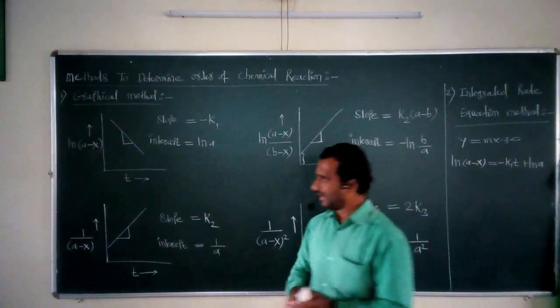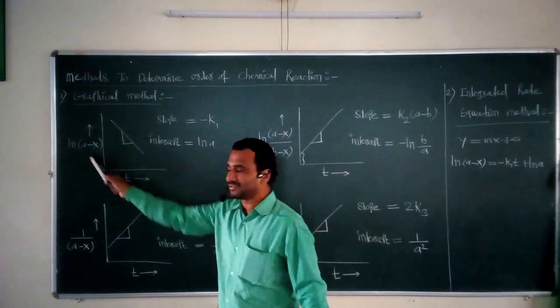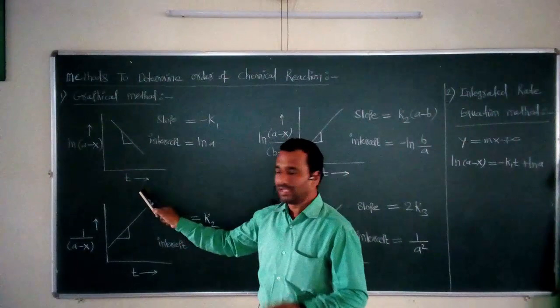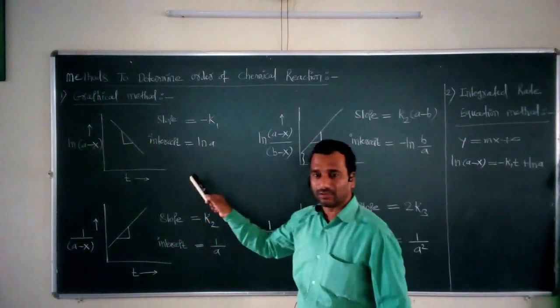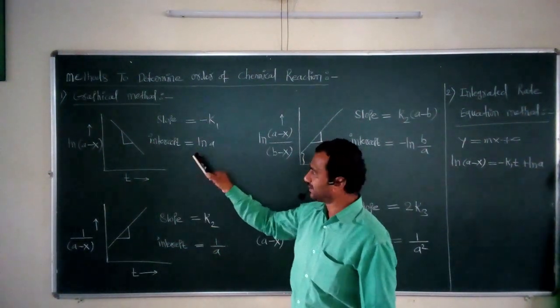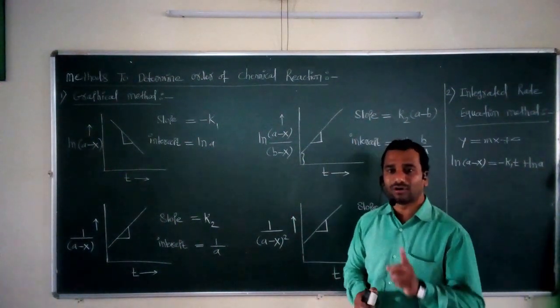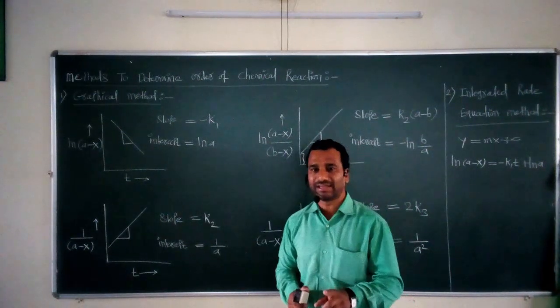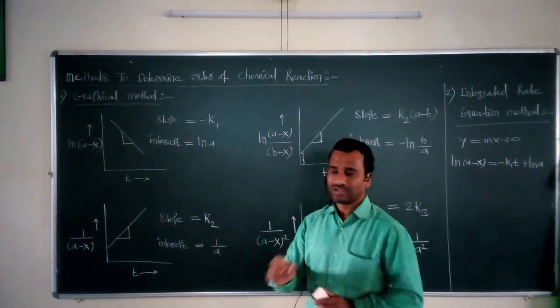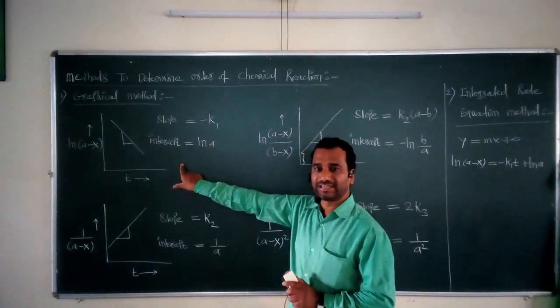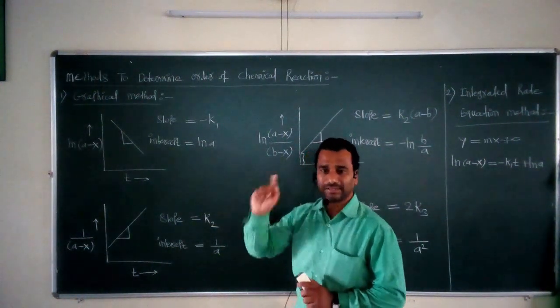If we plot a graph of ln(a minus x) versus time t, and we get a straight line with slope equal to minus k1 and intercept equal to ln a, then that chemical reaction has the first order. This is the information we get from the first graphical representation.